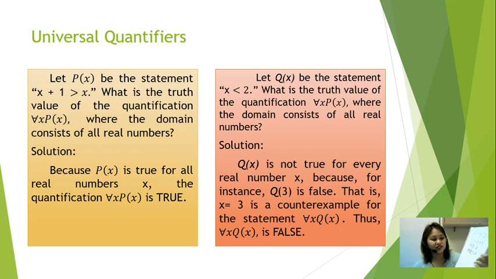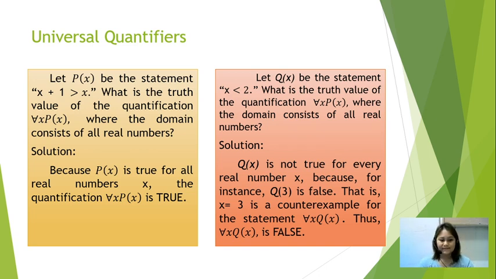So let's say, for example, you set the value to negative 1. Okay, so negative 1 plus 1 is equal to 0. But still, it's greater than negative 1. Okay po? So, that's the idea. That's why it's true. So, whatever number you add sa 1, it's always greater than the number, greater than x. Okay?